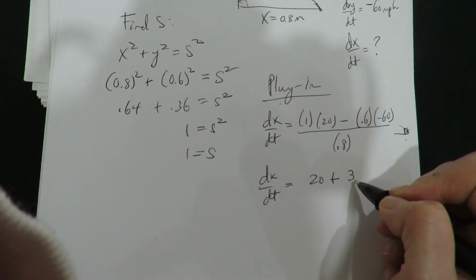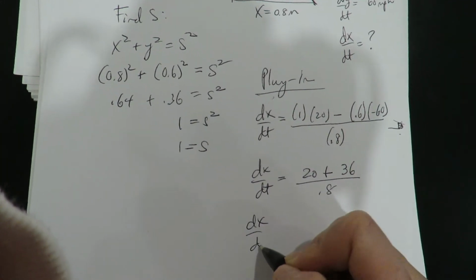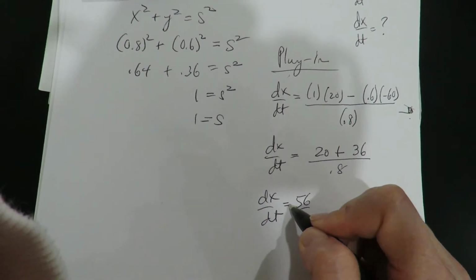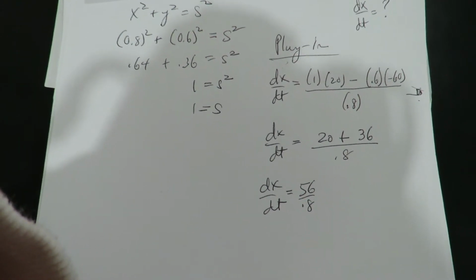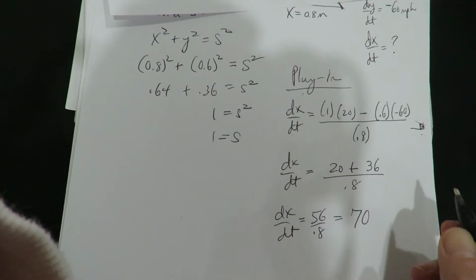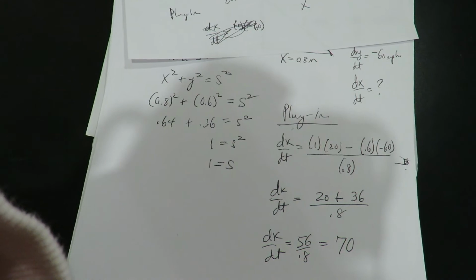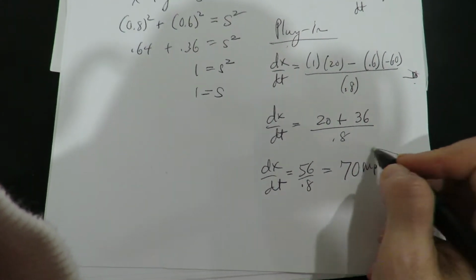So 360 moving 1 decimal place is 36 over 0.8. dx dt is 56 over 0.8, which is 70. Okay, so now put the unit on that. So that has to be in miles per hour.